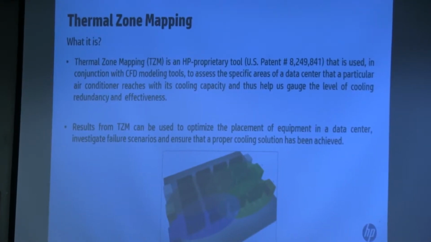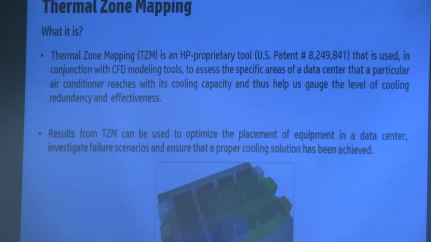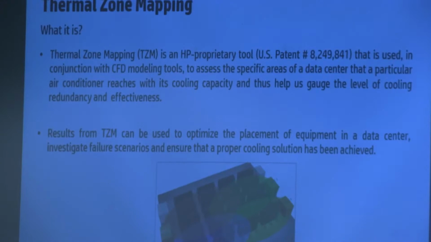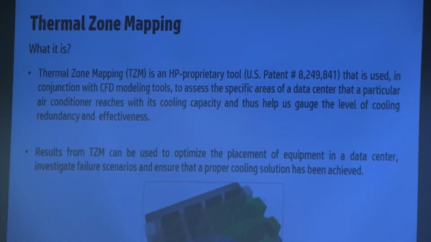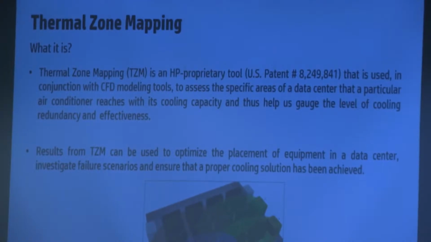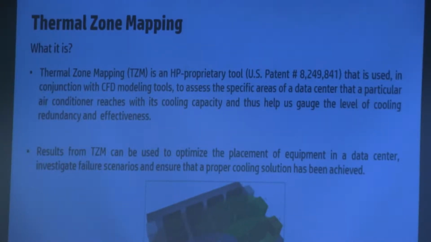Basically, I will give you a brief description of what it is, and then I'm just going to show you some images, and hopefully you understand, and later you can ask me some questions about it. It's a tool that we use with CFD analysis. When you saw images from Felipe's presentation, you saw these thermal maps, right?